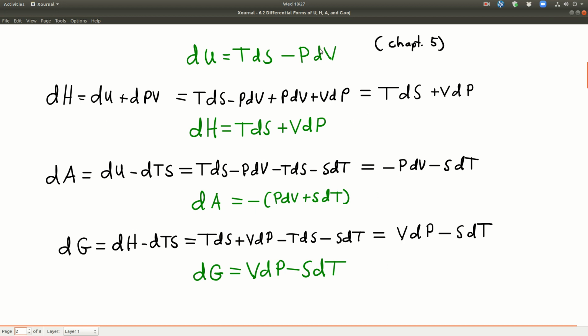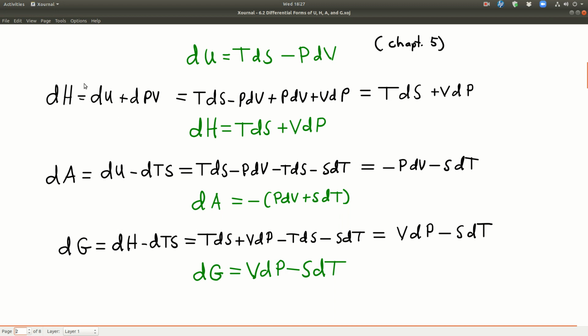Now, one thing we also know from before, in chapter 5, we proved it back then, that dU is equal to TdS minus PdV. Going down to enthalpy, taking the differential of enthalpy, H is U plus PV, so dH is equal to dU plus d(PV).